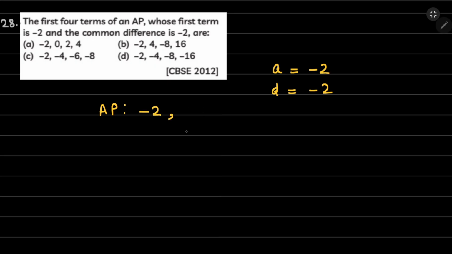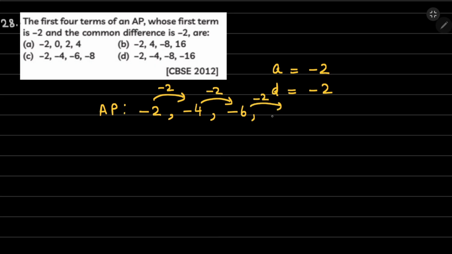The second term will be A plus D. So it will be minus 2 minus 2, which will be minus 4, right? So let me write it minus 4. Again, minus 4 minus 2 will be minus 6. So you just have to add the D. D is minus 2. You have to add a minus 2 to all of the terms.